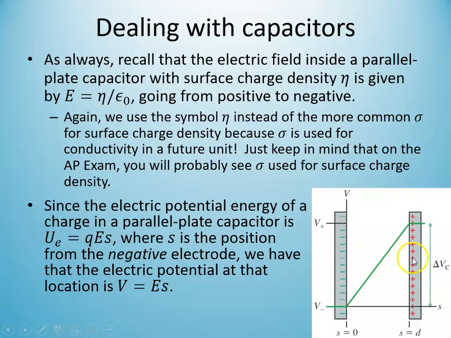Constant field, constant slope, kind of starting to remind me of a derivative there. Is there a relationship between the derivative of a potential and the electric field? Turns out indeed there is, and that's going to be the subject of Chapter 29 discussions. But for now, we're just going to notice that the difference between the potential of the negative plate and the potential of the positive plate is simply the potential difference between the plates.